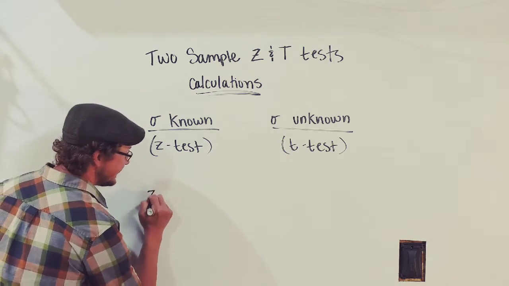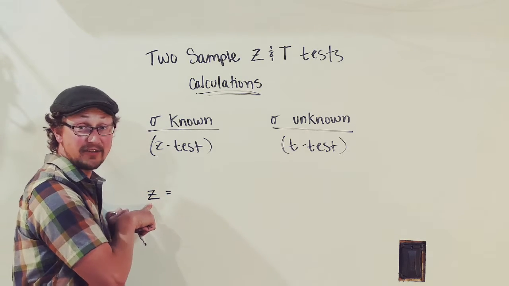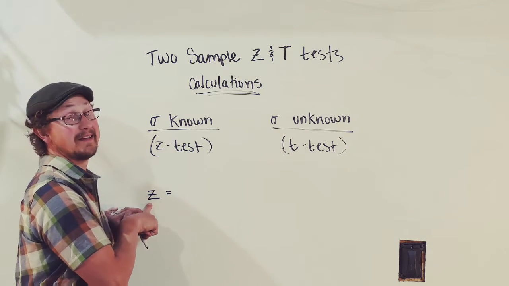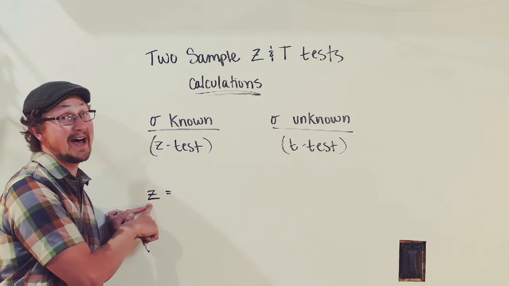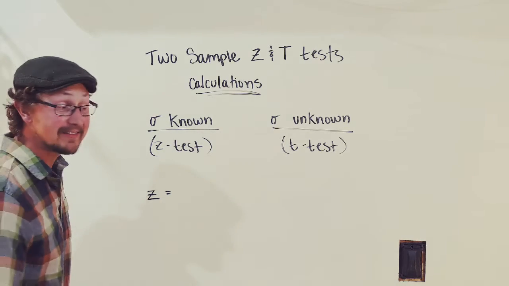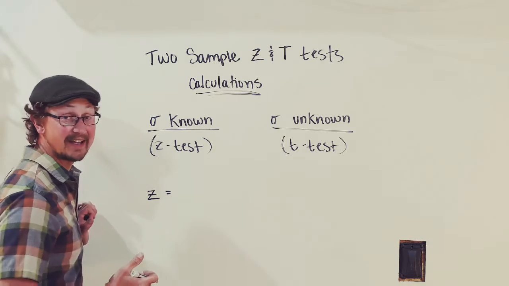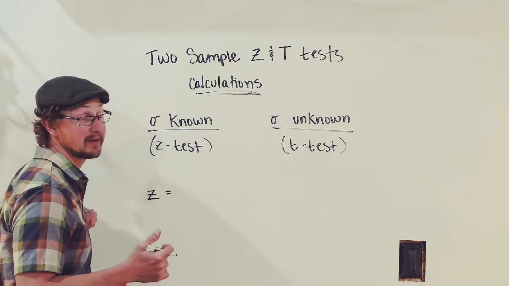So z, this is how many standard deviations away from the mean we are. It's going to show us how much evidence we have against our null hypothesis. It's a two-sample z-test, and so we're going to compare the two samples against each other.